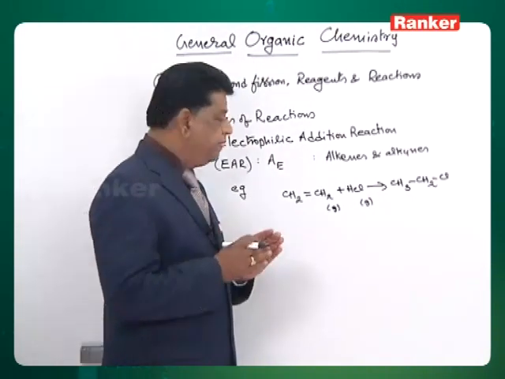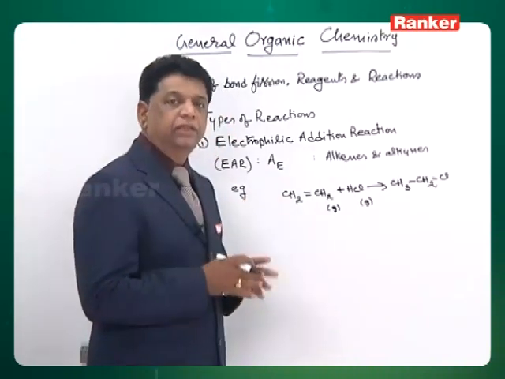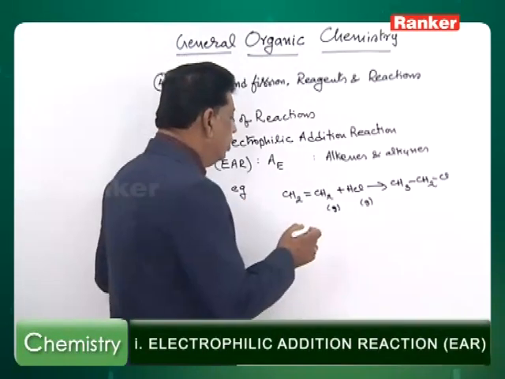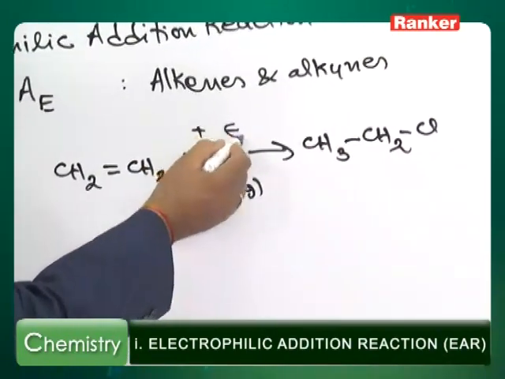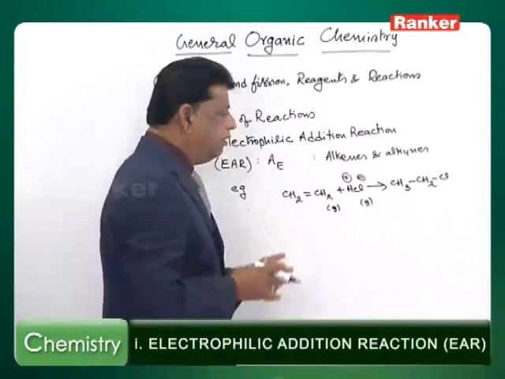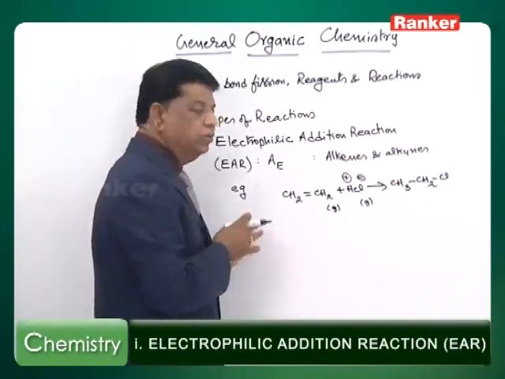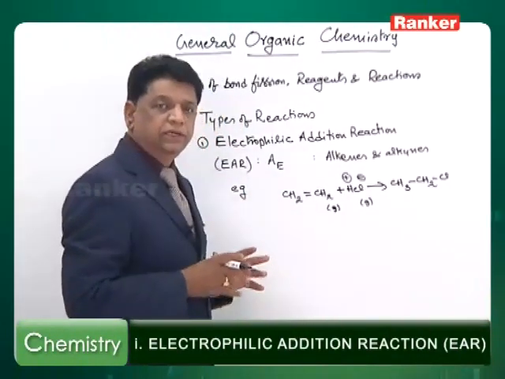It is studied that one part will be added first, the other part later, and it is also studied that H will become plus, Cl will become minus. A cation and anion are going to add. It is an ions addition reaction.